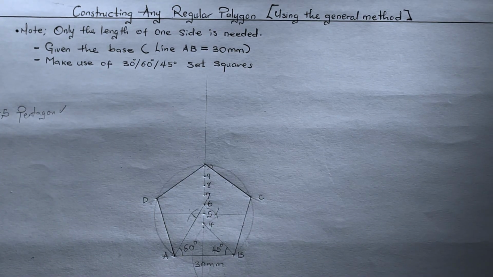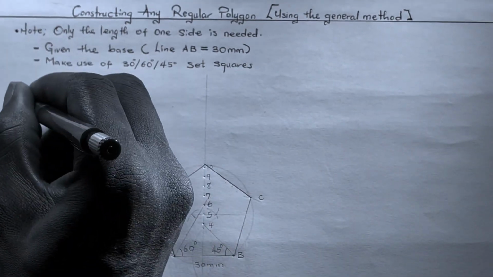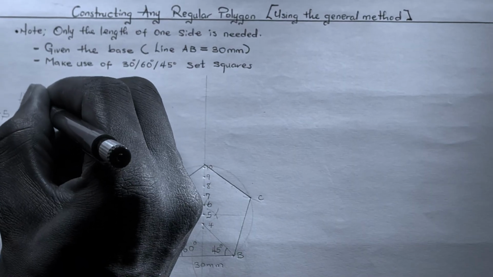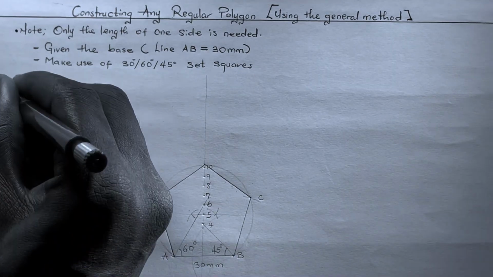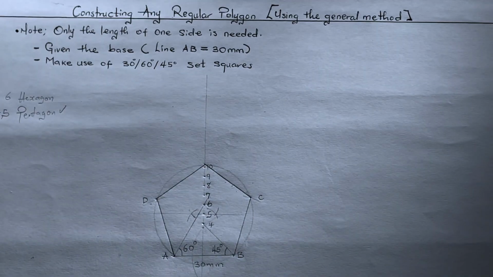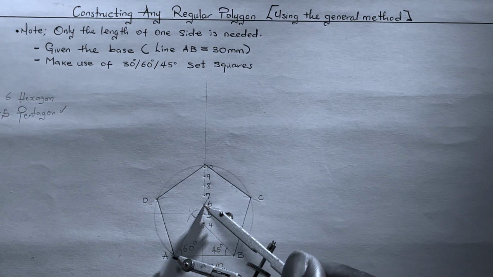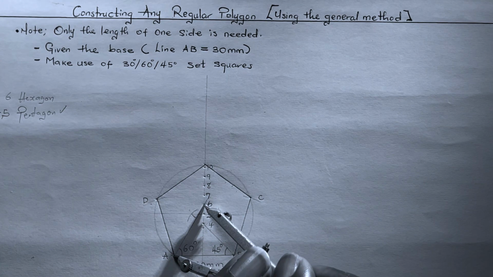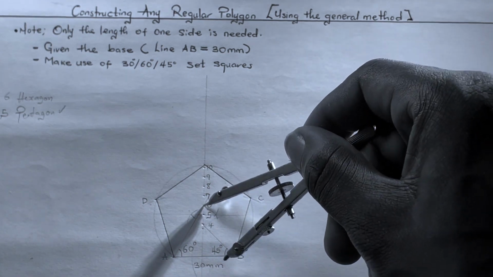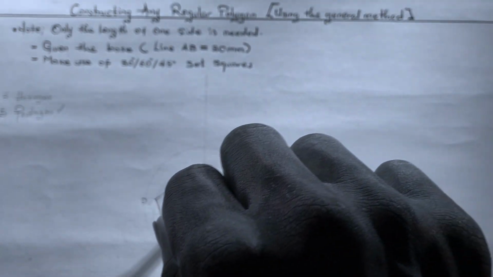Next one we are constructing is our hexagon, which has 6 sides. To construct our hexagon, we bring the needle of our compass to point 6 and extend the compass to our point E or point B, and then we use it to draw a circle around our construction area.